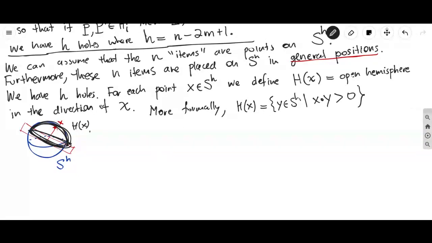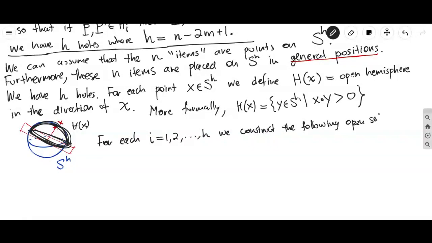And now, for each i, 1, 2, up to h, so h is how many holes we have, that's also the dimension of the sphere, we construct the following open sets. These are going to be open subsets of the sphere.